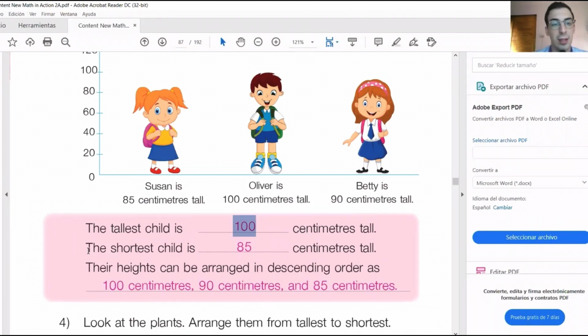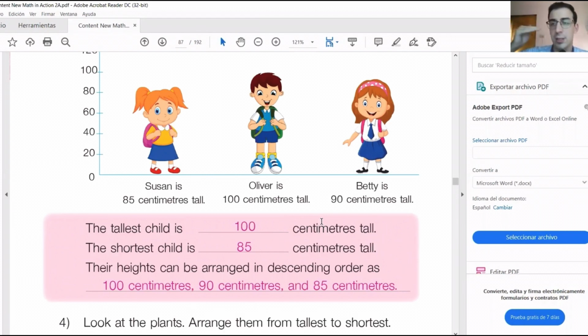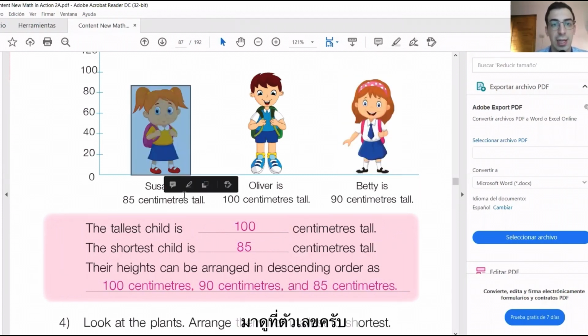Then let's read together. The shortest child is centimeters tall. Now the opposite, we're talking about the shortest, the most short student or child in these three children. Who is? Could be Betty or could be Susan. Let's check the numbers.